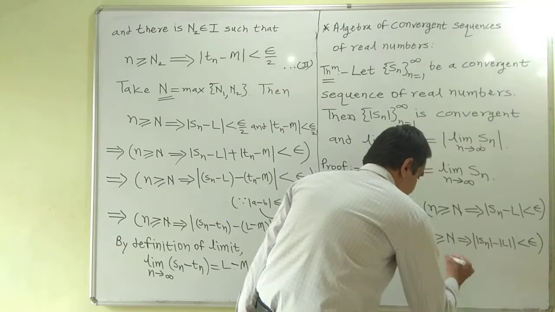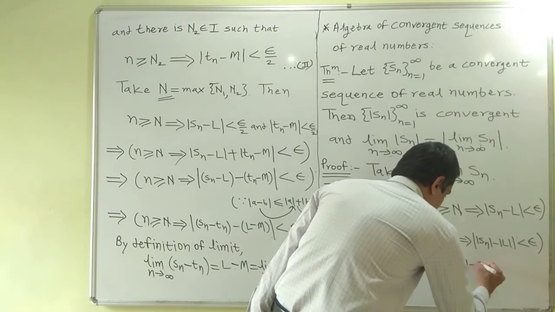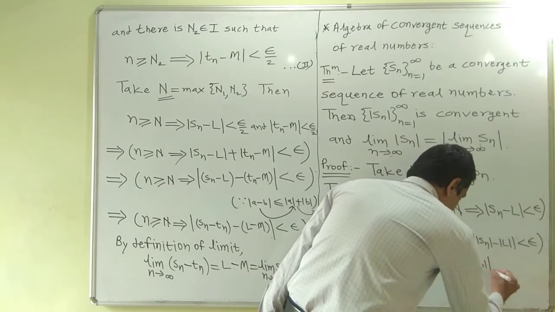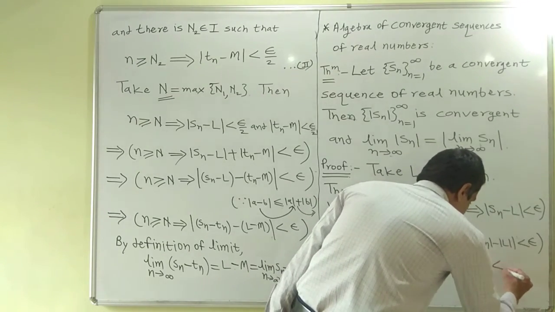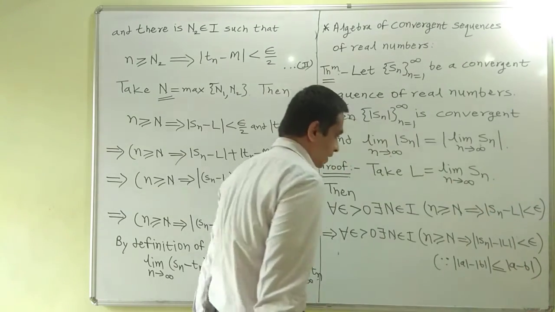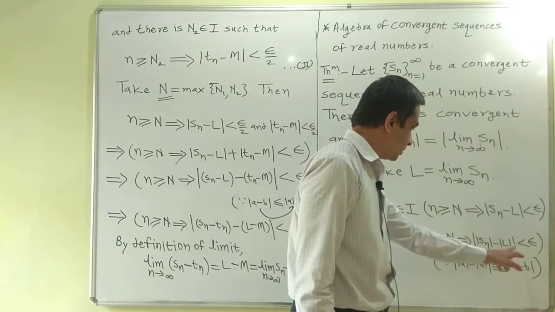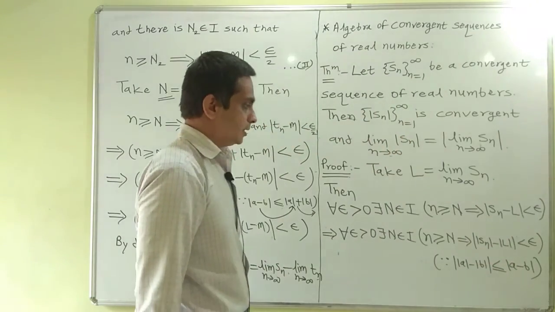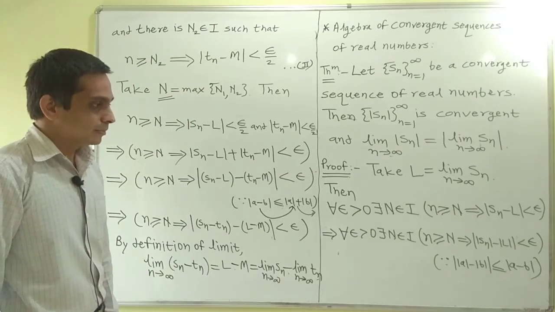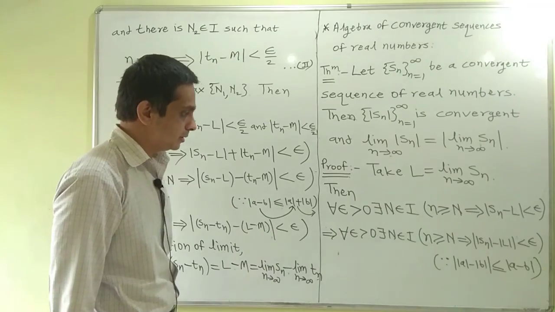Why is it? We are using this property: ||A| minus |B|| is always less equal to |A minus B|. So A is Sn, B is L, and this property we are using. And if you observe this, this is nothing but the definition of limit.